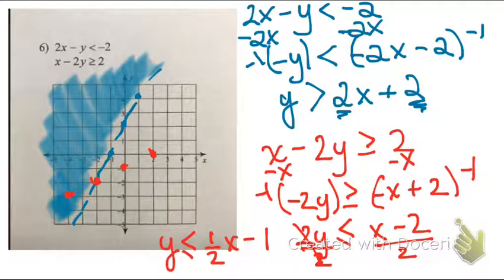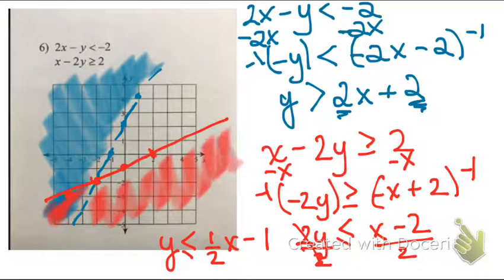And it's less than or equal to, so it means it's a solid line. And I need to highlight this area. That is where the two meet. So hopefully I did not mess that one up. Looks good to me. Okay, so let's move on then to our next slide.